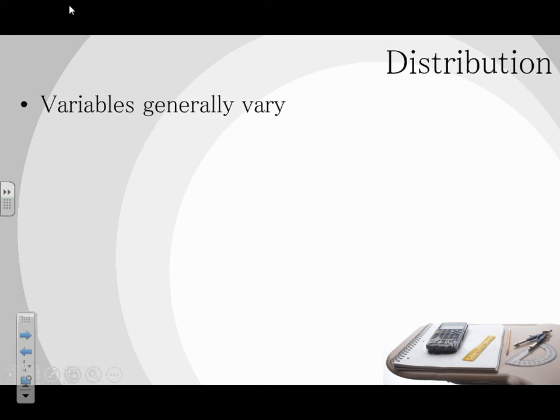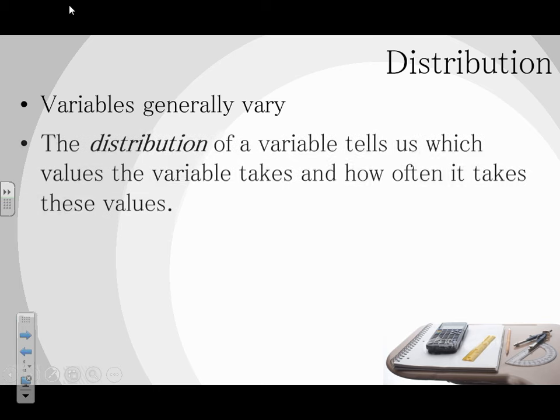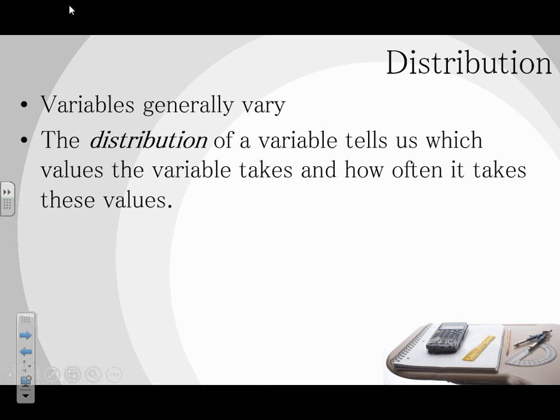Distribution. Like we talked about earlier, variables generally vary. Okay, they're going to change from individual to individual. The distribution, and this is what we're going to spend almost our entire year studying, are distributions.